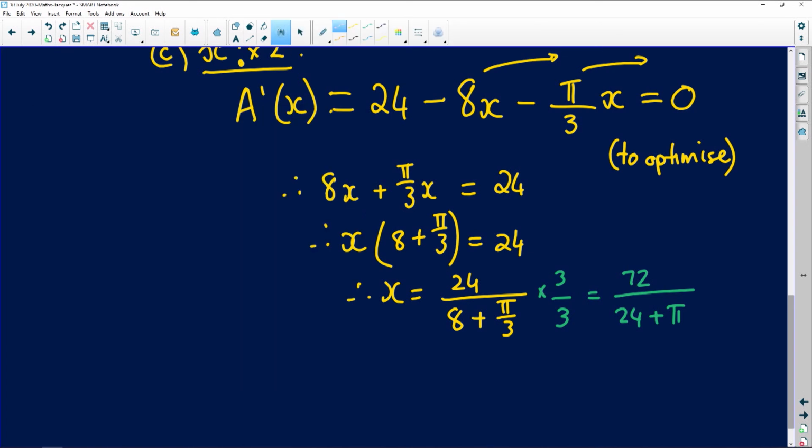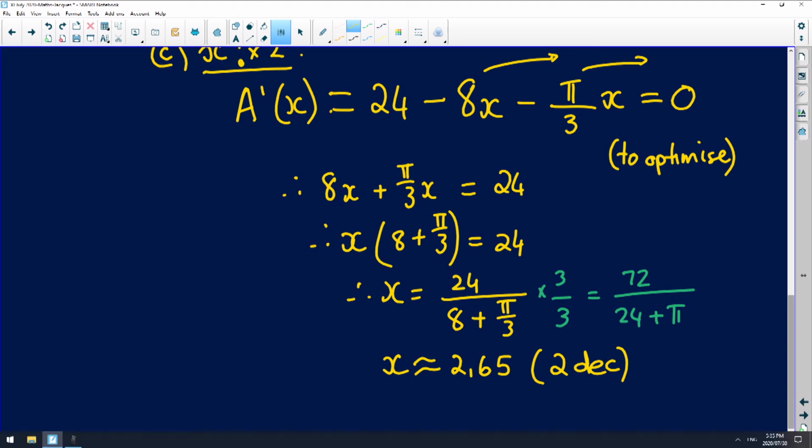Okay, so let's write this down. This is approximately equal to 2.65. I put approximately because I took it correct to 2 decimals.